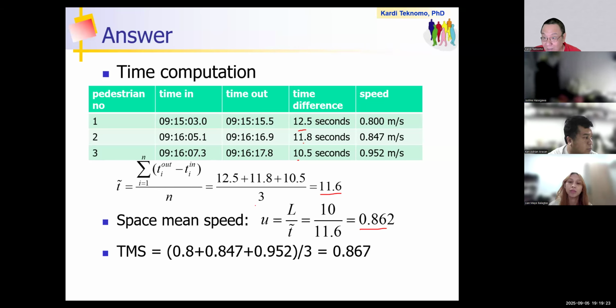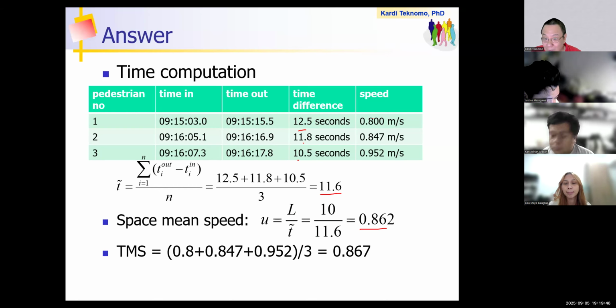The length depends on the length. That is 10 divided by this value, so you get 0.8. But if you use time mean speed, you simply get the speed, because you know the length is 10 meters and you know the time.